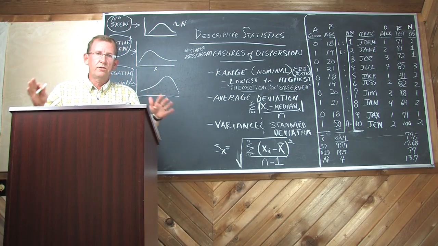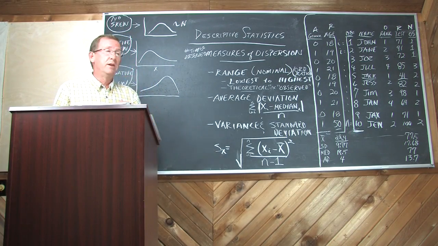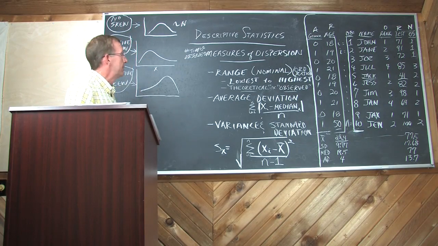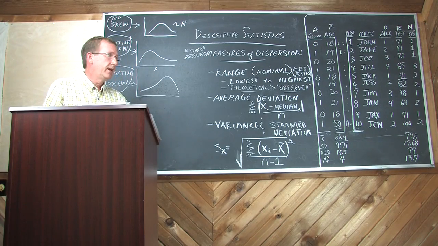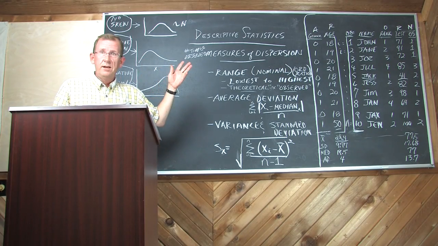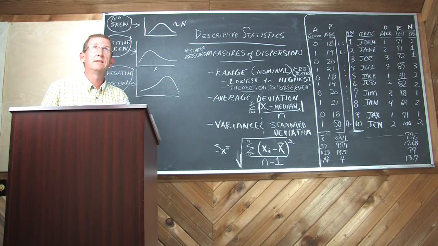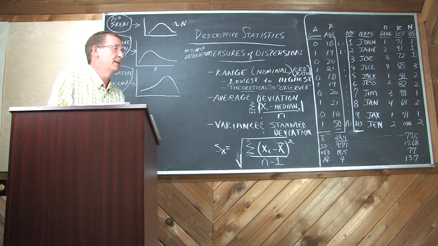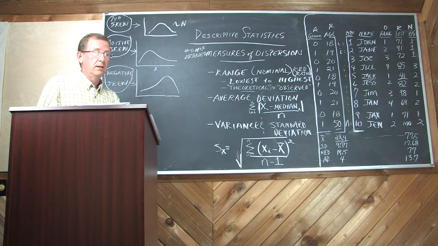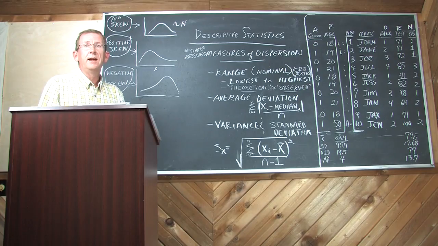So these curves are describing the number of observations beneath them, and they take different shapes. These curves are also different in terms of what's called the skewness, S-K-E-W-N-E-S-S, and you find this in the materials that I assigned.